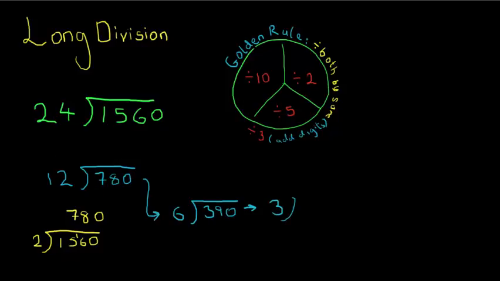Half of 6 is 3, and half of 390 turns out to be 195. And now we can finally work out the answer to that. 3 into 1 doesn't go, 3 into 19 goes 6, which takes us to 18 with 1 remainder, and 3 into 15 is 5. So the answer to our original question, 24 into 1560, gives us the answer 65.